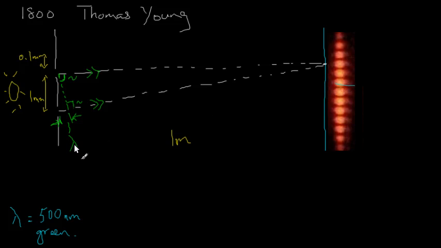So I'm going to try and calculate the spacing between the center and the first fringe, and that's when the path difference is 1 wavelength. And the spacing that I want to calculate, from center to the first fringe, let me try and label that. I'm going to draw a horizontal line from between the gaps to the center fringe.